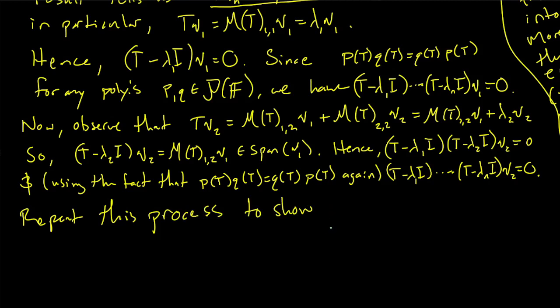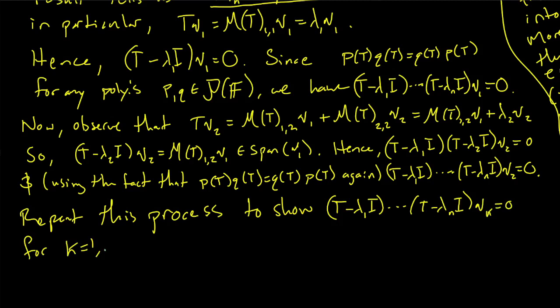Now, we're just going to keep going, the exact same trick. We'll write it out and show that (T minus lambda 1 I) all the way down through (T minus lambda n I) applied to vk is equal to 0 for k between 1 and n.